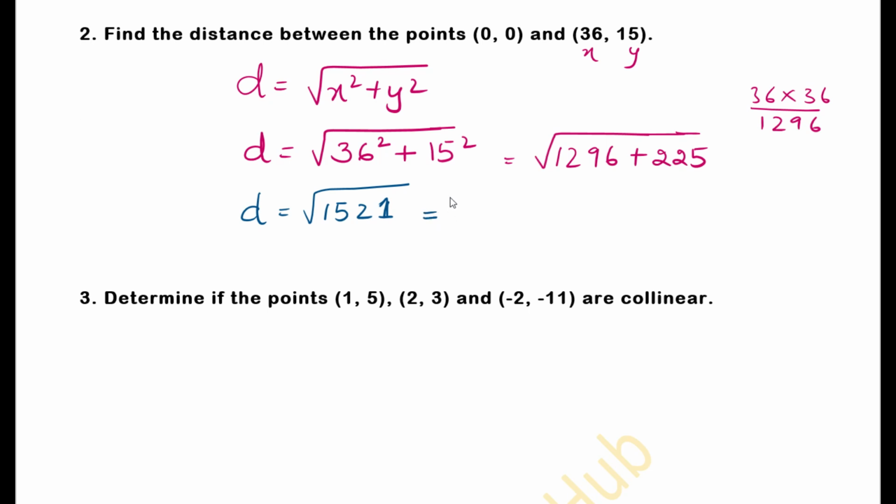We get the answer as 39. Therefore the distance between the origin and the point 36, 15 is 39 units. Therefore d equals what? 39 units.